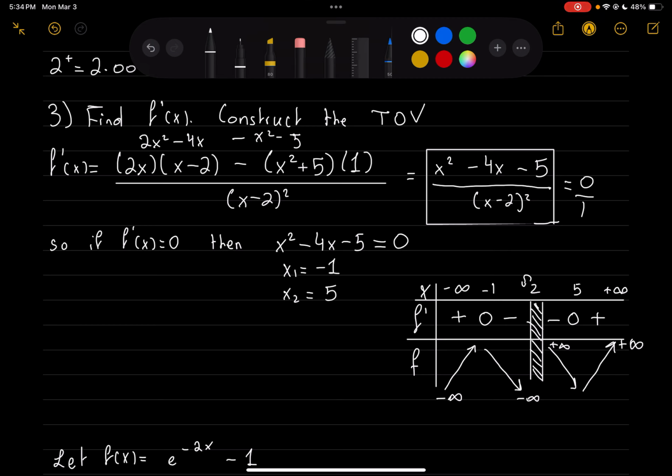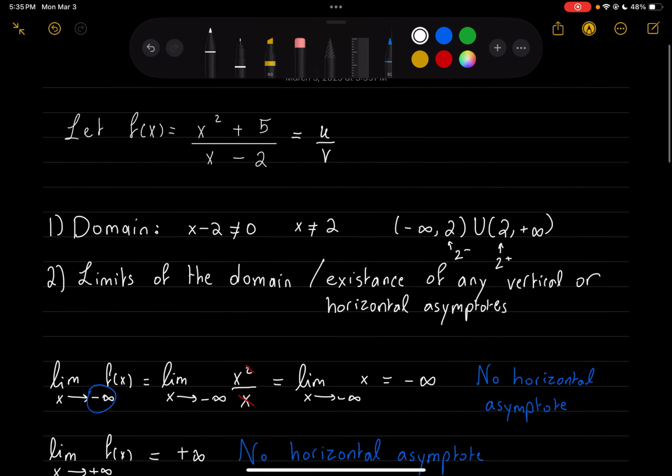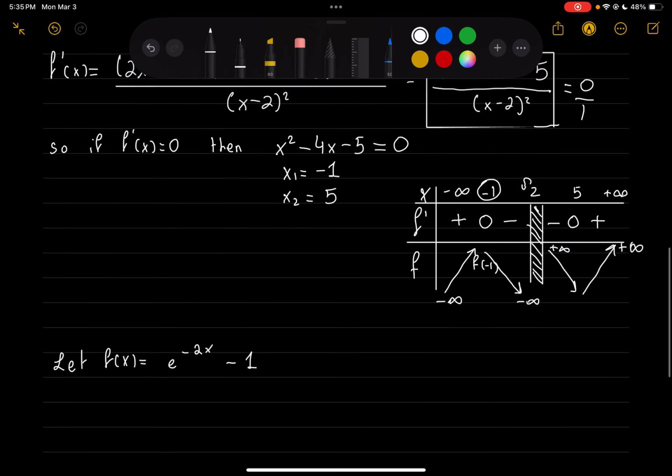So now I have two remaining points, which are this point and this point. How do we find these points? These points can be found using f of negative 1, because here we are studying the function at negative 1. So we're going to replace negative 1 in the original function on top, and then do the same exact thing with 5 as well.